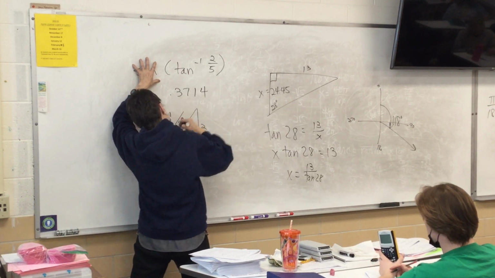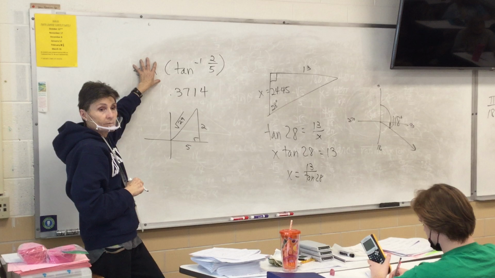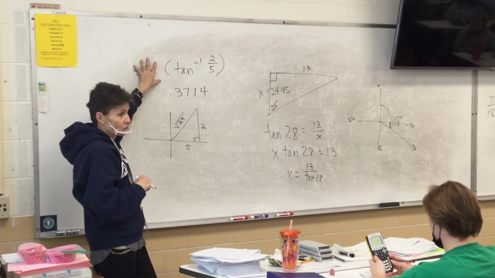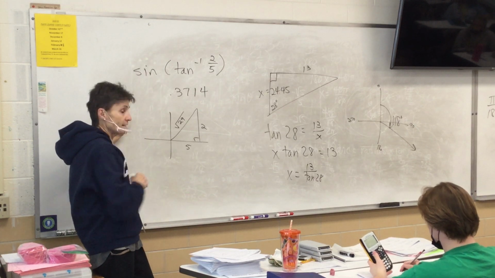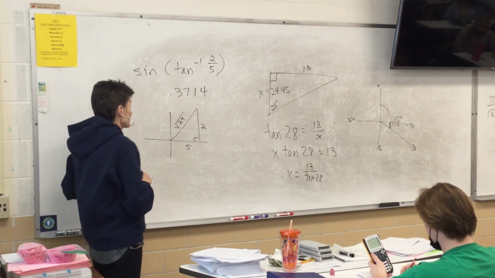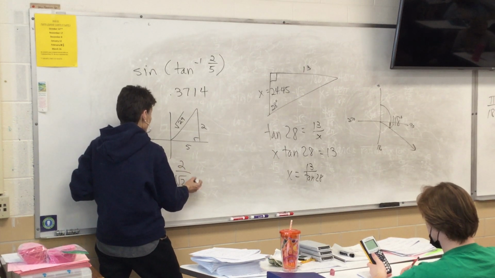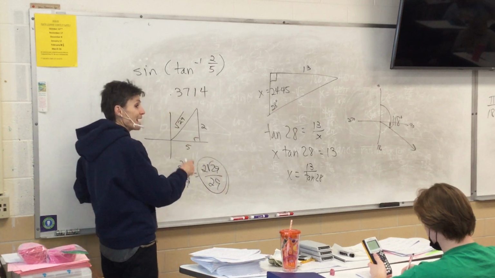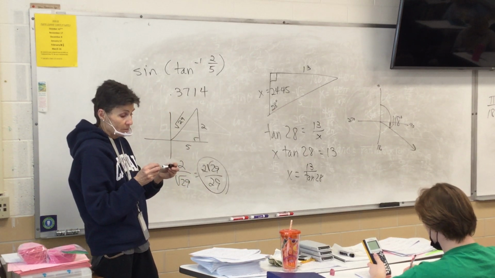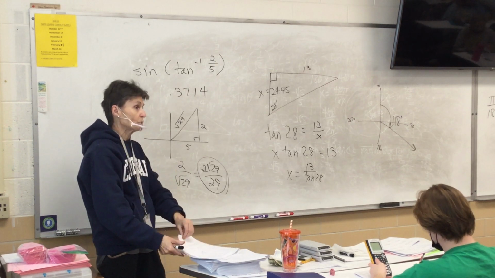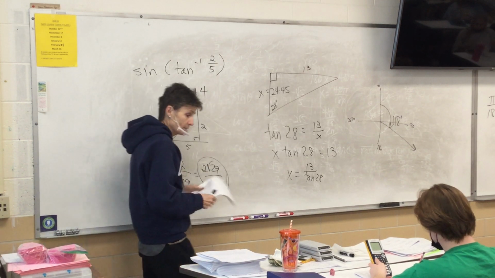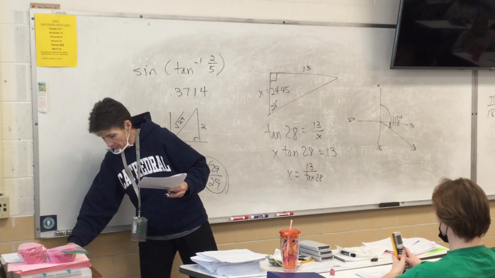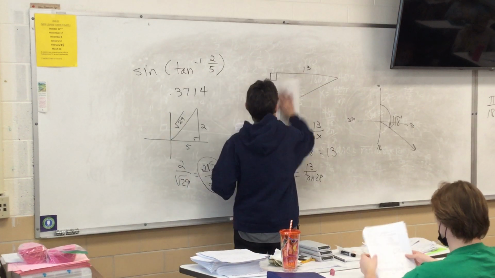So the square root of 29. Then I can answer the question, which is, what's the sine in that picture right there? 2 over root 29, which is 2 root 29 over 29. This is the exact answer. So that problem we actually did twice. Once by hand, using our brains, and once just typing in on the calculator. Very, very easy.